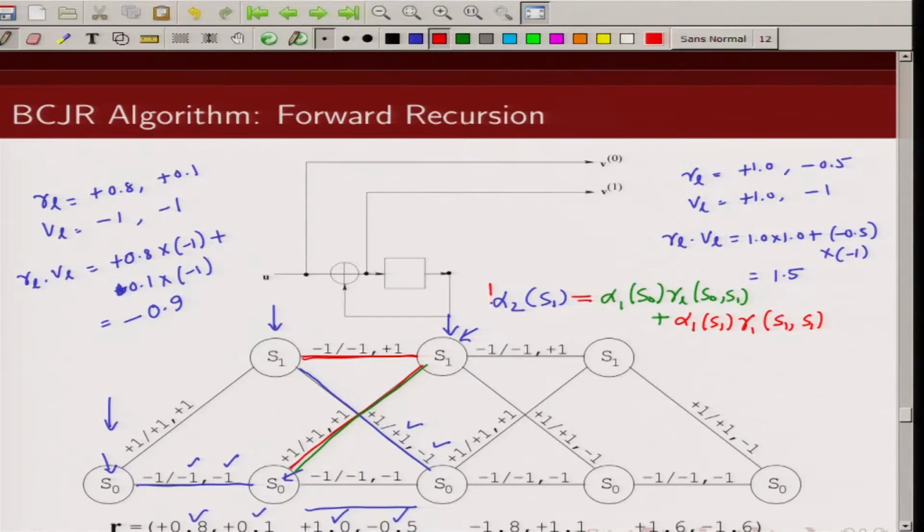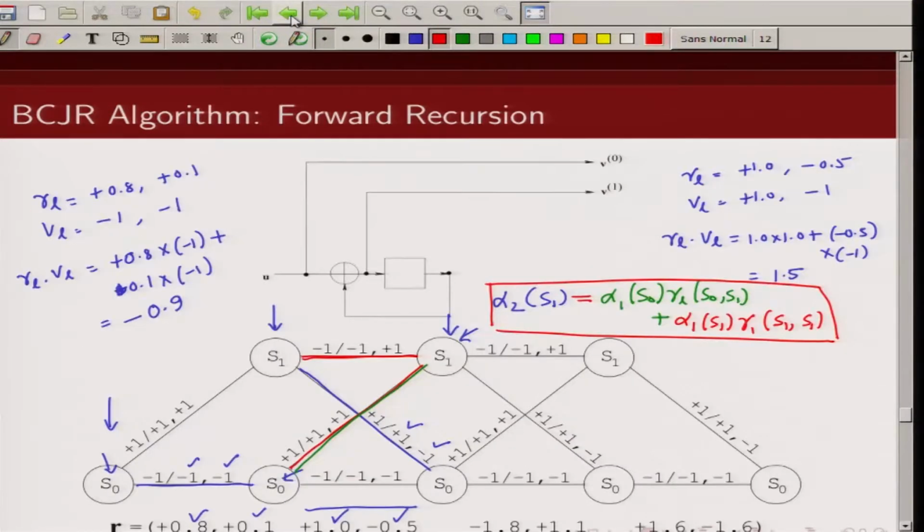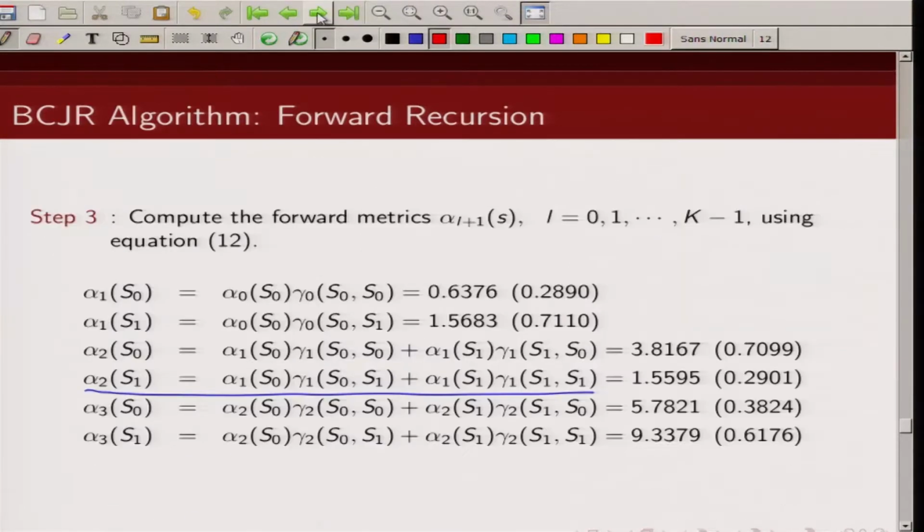So, this is the value of alpha 2 at state S1, and that is what we have got here. You can check alpha 1 S0, gamma S0 S1, and the next term is alpha S1, gamma S1 S1. So, like this we can compute the values of alphas, and these values that you see are basically the values of alpha computed this way.